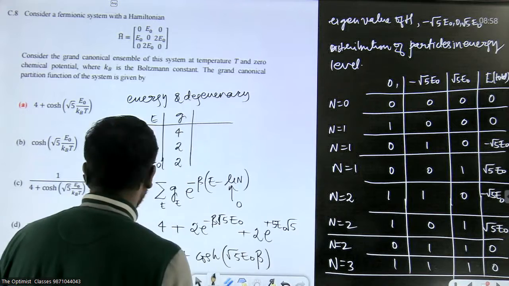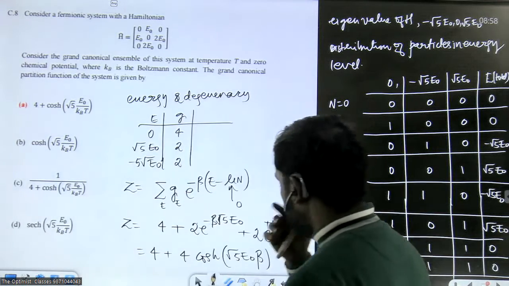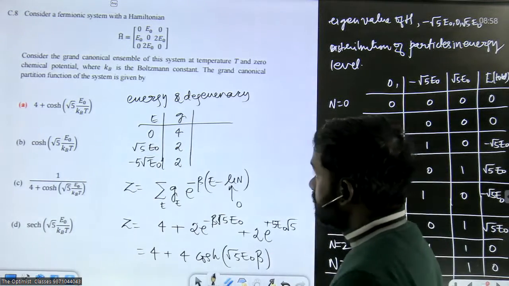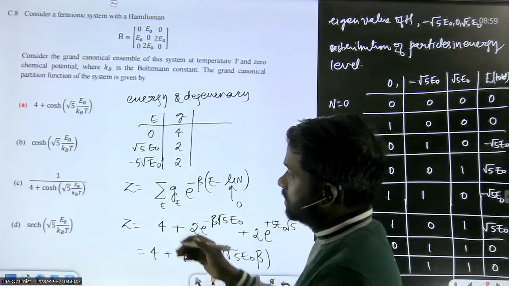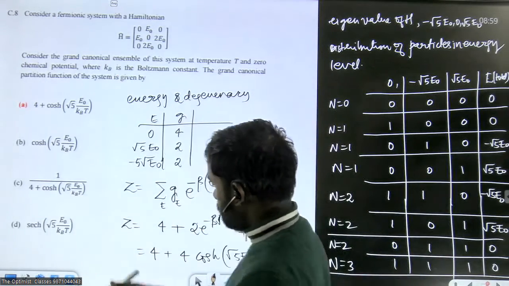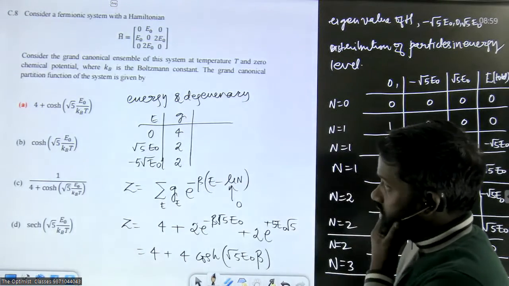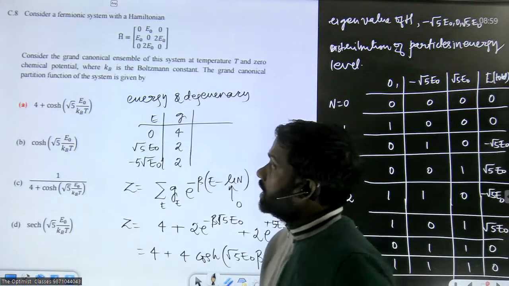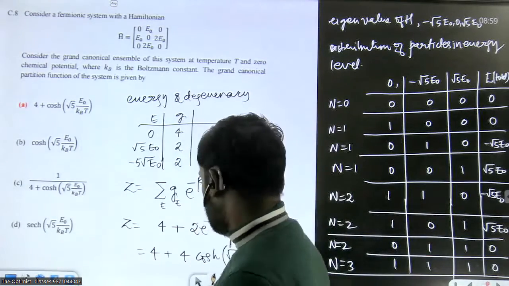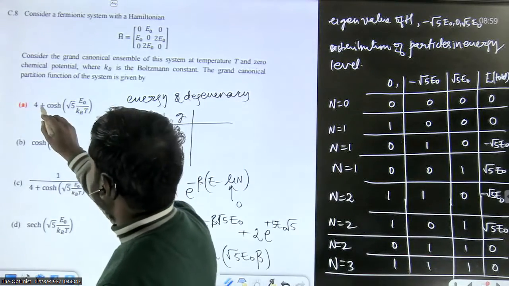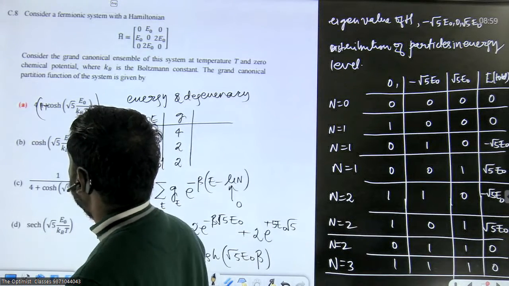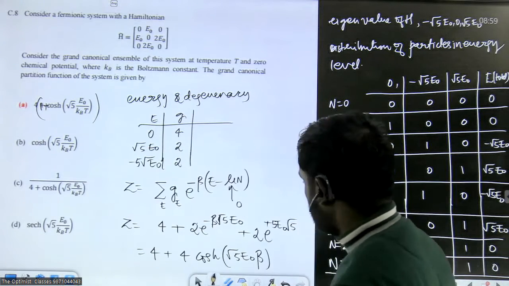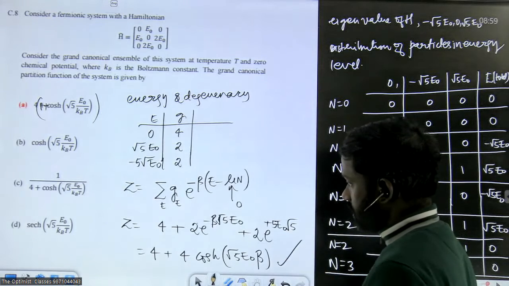That's what you get, where beta is 1 by kB T. So this is what we are getting, but we are not getting any of the given options. All options are wrong. There should have been a bracket, 1 plus, and it should have been like this. So none of the options are correct. The correct answer is this one.